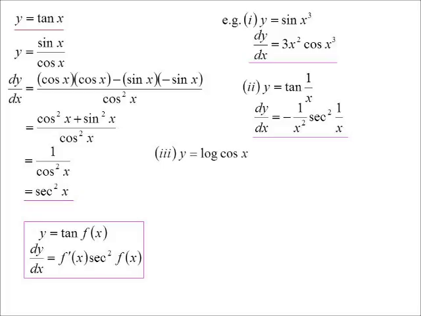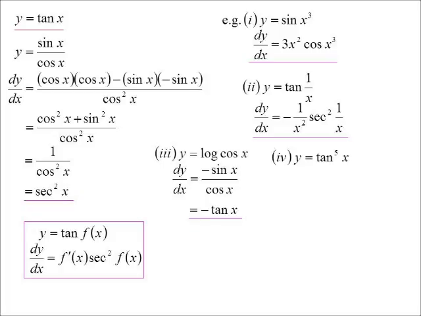Differentiate log, derivative on function. Okay, so the function is cos x. Differentiate cos x, you get, so derivative on function, we get minus sine x on cos x. But sine x on cos x is, of course, tan x, so we get minus tan x.